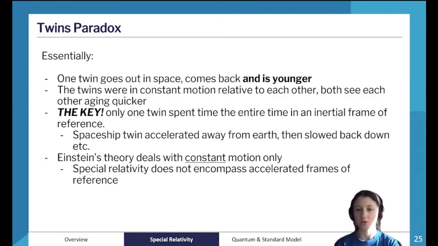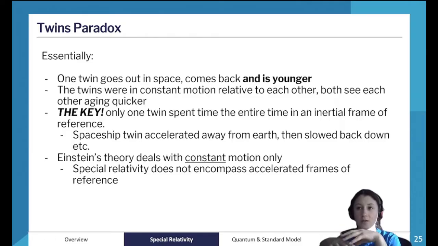So, the essential breakdown, and remember, this is what you need to be writing on your external, because you only have a little bit of time to explain this. You're going to want to do it in a few lines max. So write this concept down in your own words, memorize it, and then take that into the exam. The lines you want to memorize are: one twin goes out in space on a fast rocket, while one twin remains on Earth.